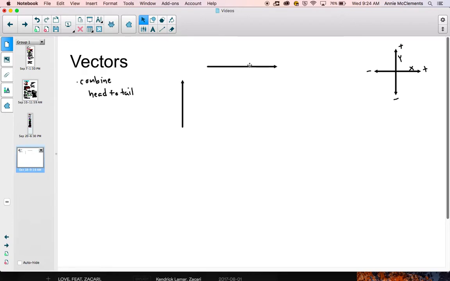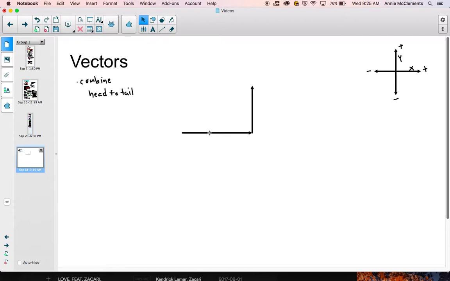If we were to do that graphically, we combine head to tail. I would put the tail of this vector on the head of the other. I could do this vice versa, and it's going to give me the same general result. I could put this one here and put its head to tail this way, and I still get the same vector.